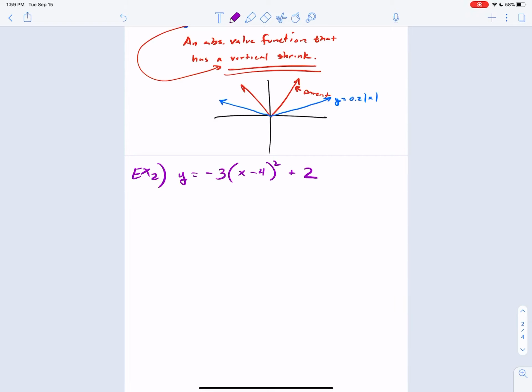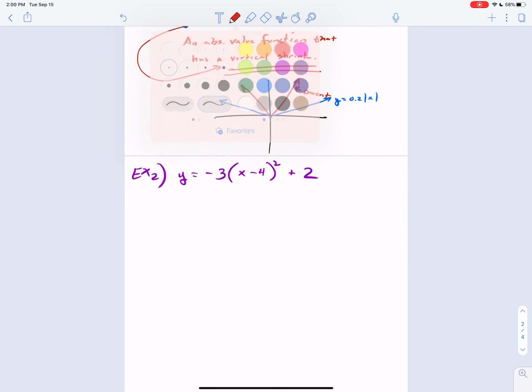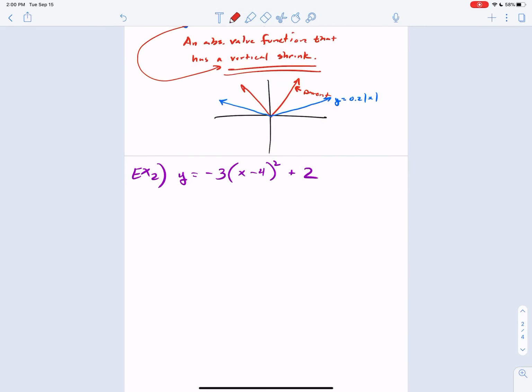At the very least, you should know what type of picture you have in terms of the shape. You guys could actually try this out on your own, so feel free to pause if you need to. At the very least, I know that I'm dealing with a quadratic function, so that tells me that I have a parabola.